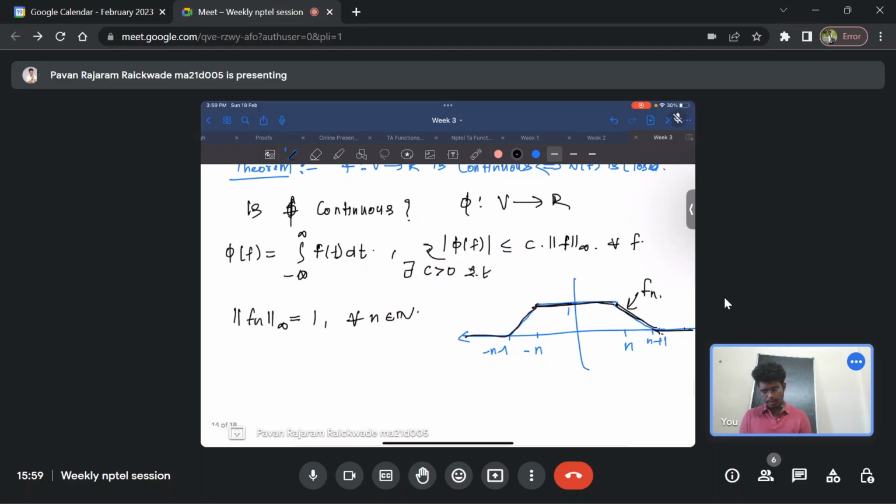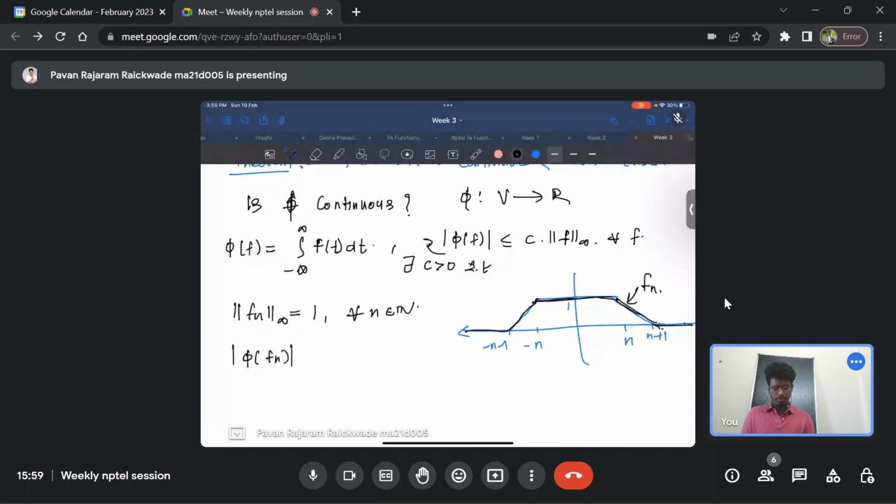But if you consider modulus of phi of fn, this is the area, right? You are integrating the function fn from minus infinity to infinity, but to the left and right of this the function is 0 only. So you just integrate from here to here, and since the function is positive, the integral is just the area under the curve.